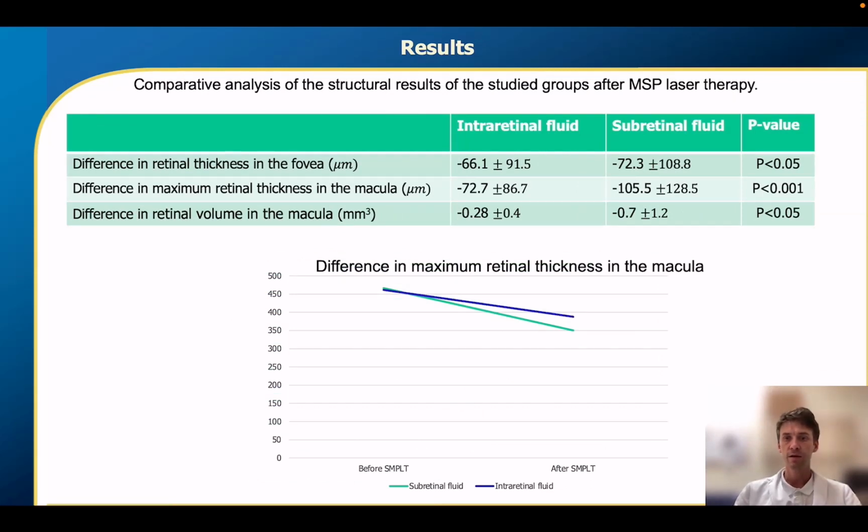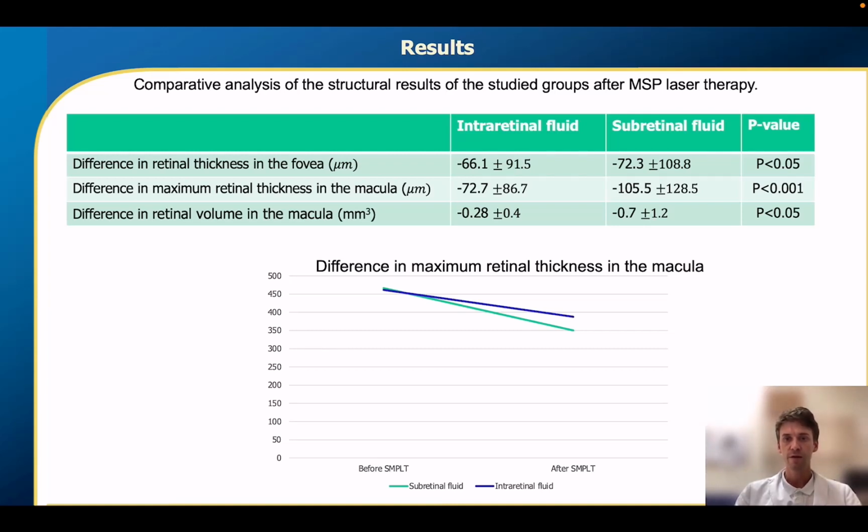Comparative analysis of the structural results of the studied groups after microsecond pulsed laser therapy showed that patients with subretinal fluid respond better to the laser, obtaining significantly better structural results than patients with intraretinal fluid.